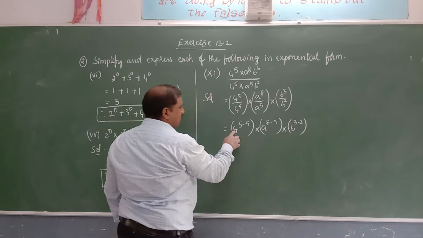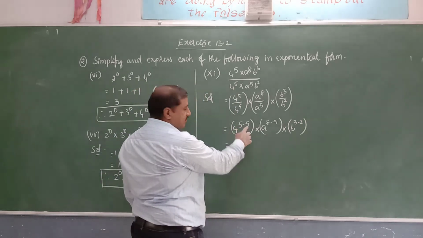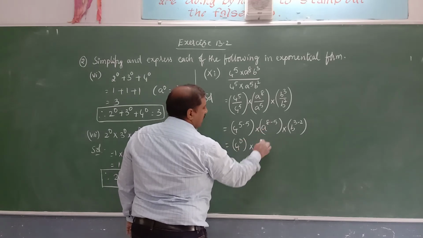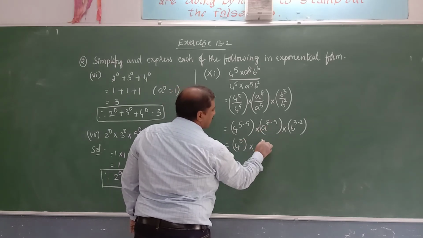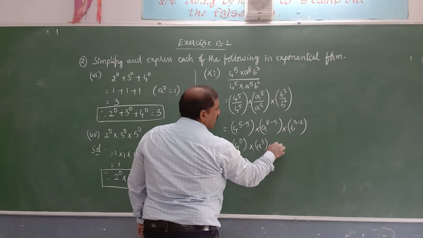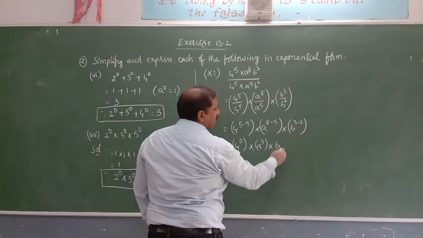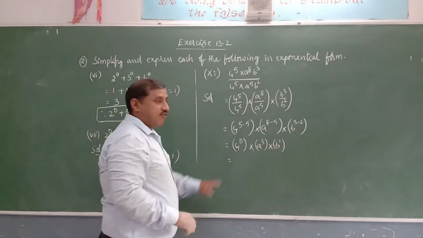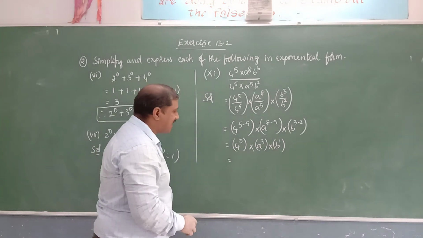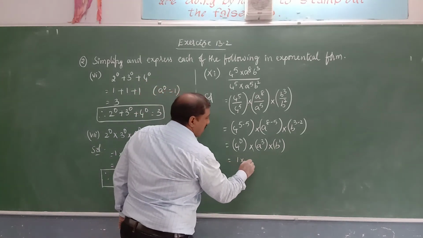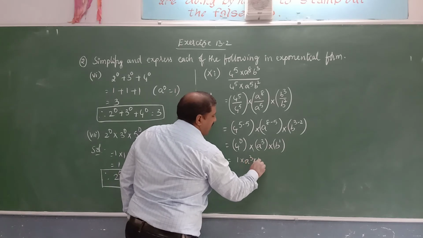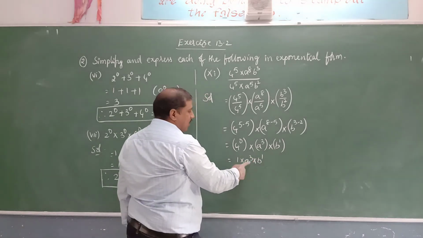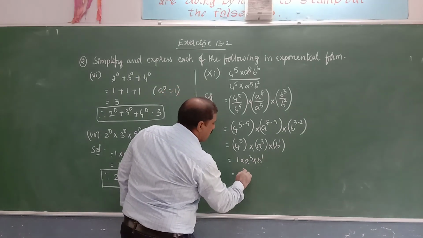That is equal to 4 to the power of 0 into a cube into b to the power of 1. 4 power 0 is equal to 1, so 1 into a cube into b power 1, that is simply b. So it is a cube b.